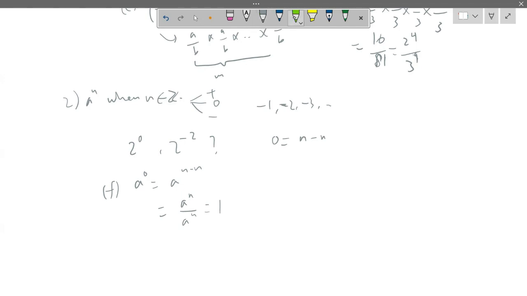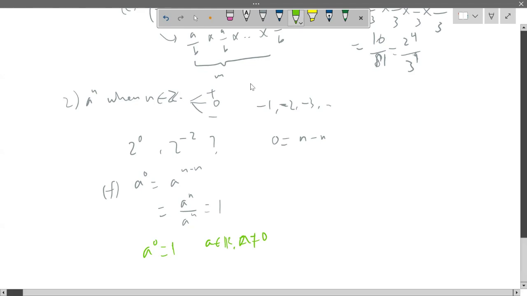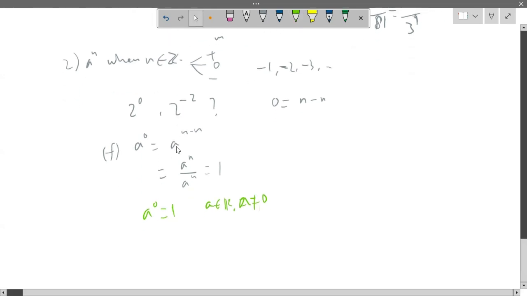Because of this, we have found a property of the exponents, which is a to the power of 0 equals 1 for any a apart from 0, because it'll be complicated. We don't talk about 0 to the power of 0 here.